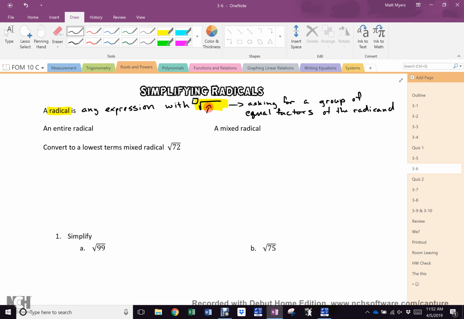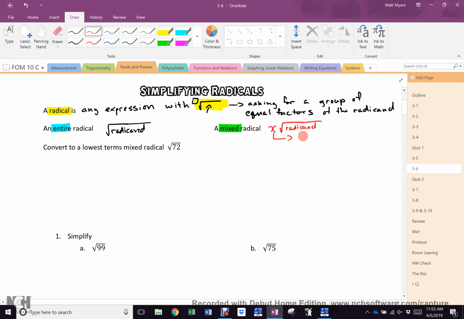All right. So everyone is good? Okay. Notice I have 2 different adjectives here. You can be an entire radical or you can be a mixed radical. An entire radical is the symbol and a radicand. A mixed radical is some number, a coefficient multiplying a radicand.